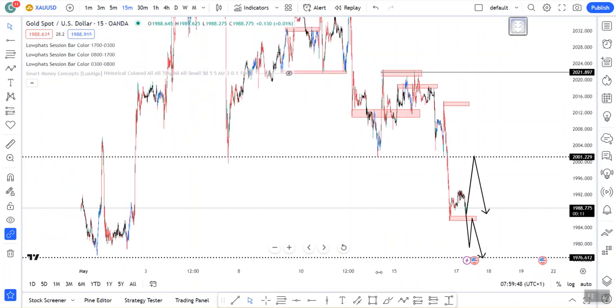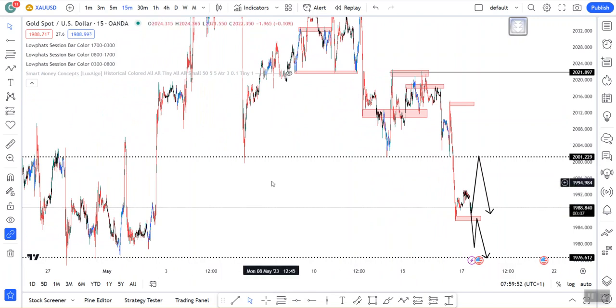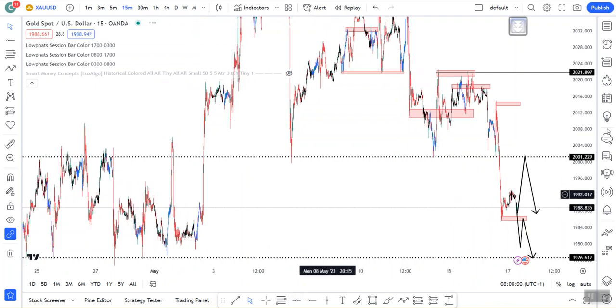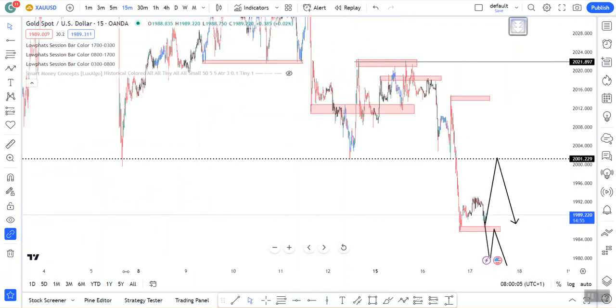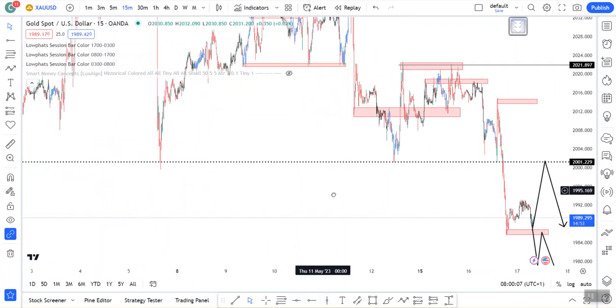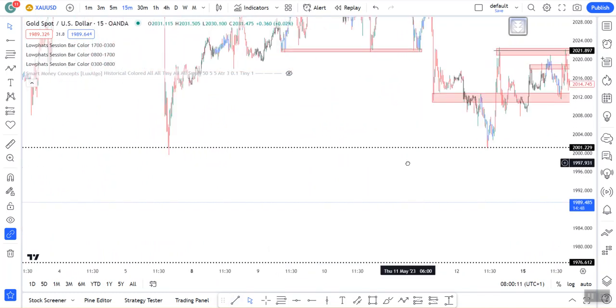Let me just say we have this zone here. Let me zoom in so that it will be clear. So we have this zone here.